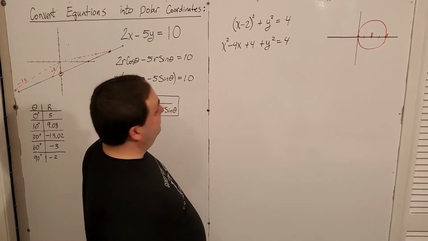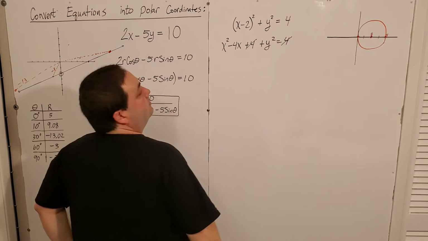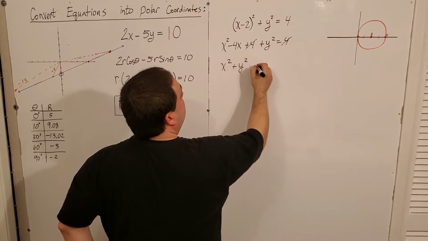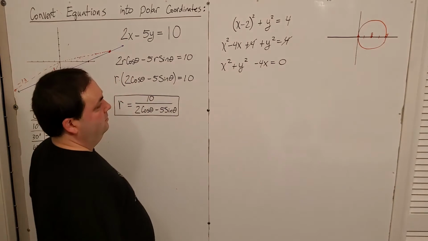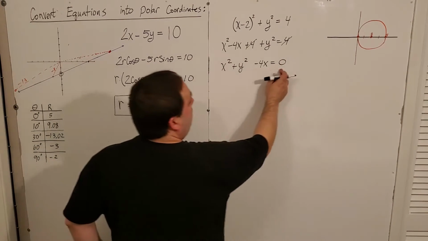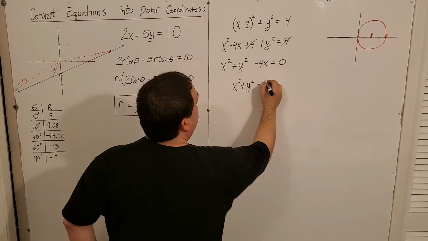I get this. Notice I can subtract 4 from both sides. And I'm going to rewrite it like this. Okay, almost ready. I'm going to add the 4x over like this.